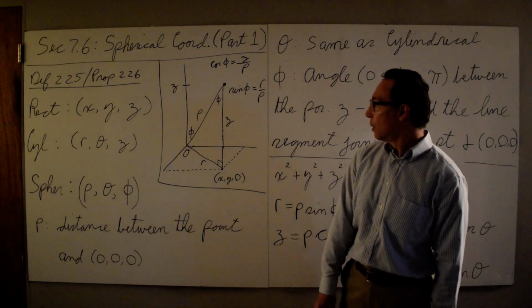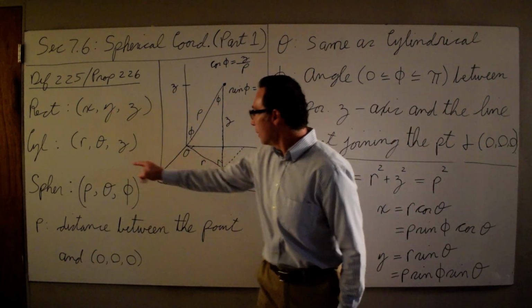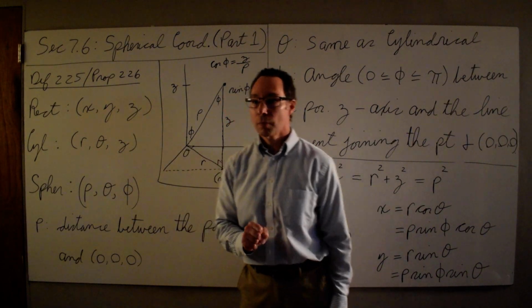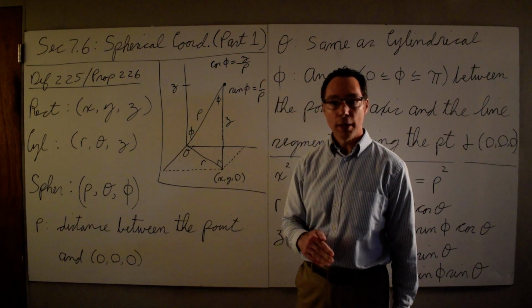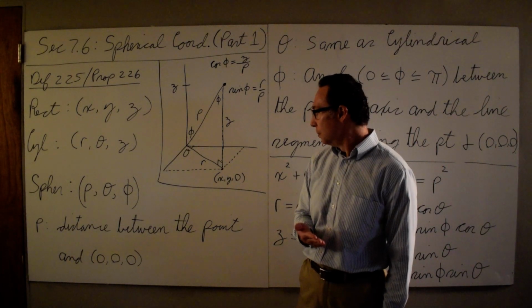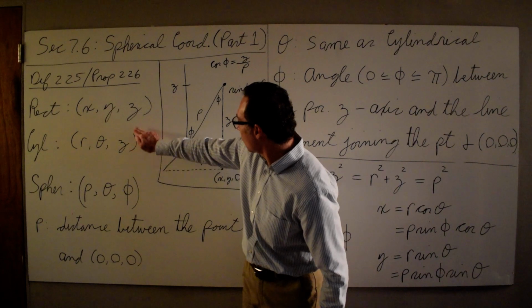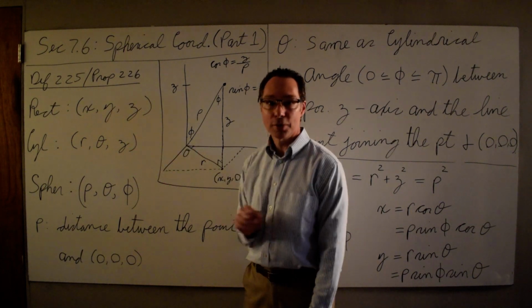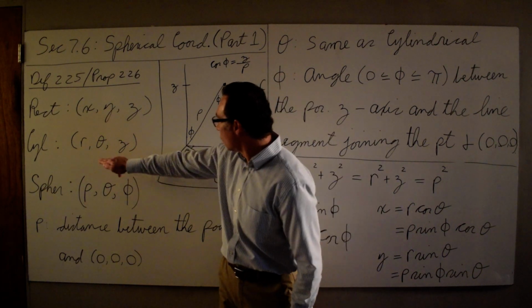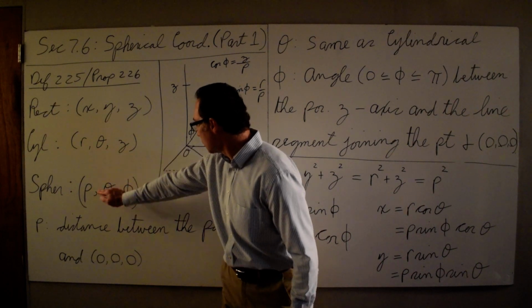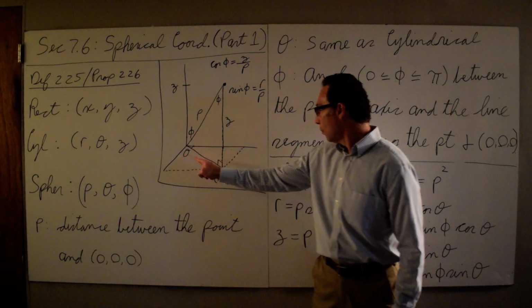What is theta? Well, theta is the same theta from cylindrical. And so when we're converting between coordinate systems, the z's here are the same. From rectangular to cylindrical, this z is the same as this z. And so from cylindrical to spherical, the thetas are the same. And that's the angle that we have right here.